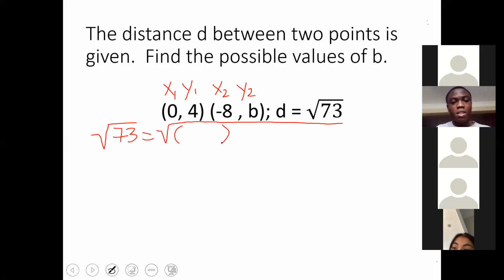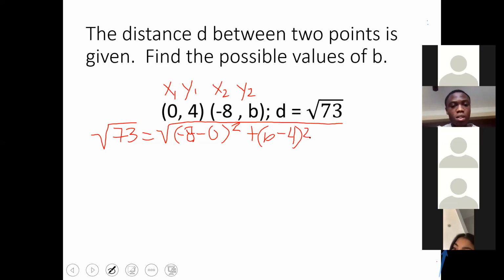Then I'll say -8 minus 0, then square it. Then I'll say plus, and I'll say b minus 4, squared. Nice job.